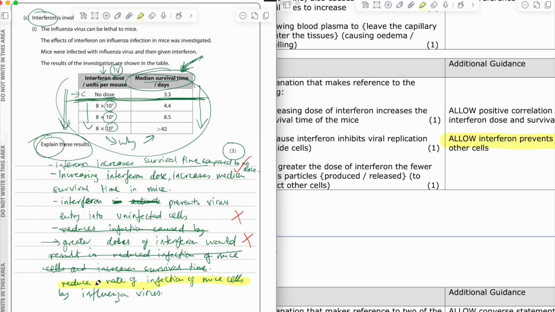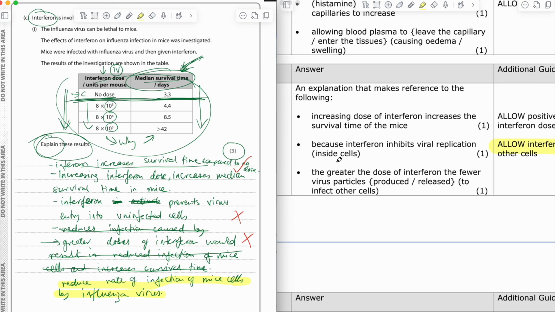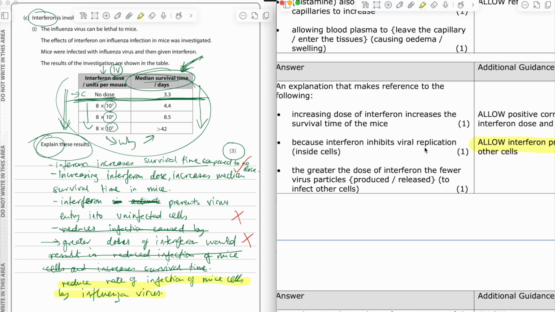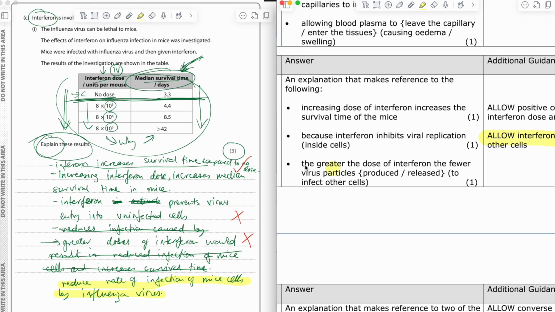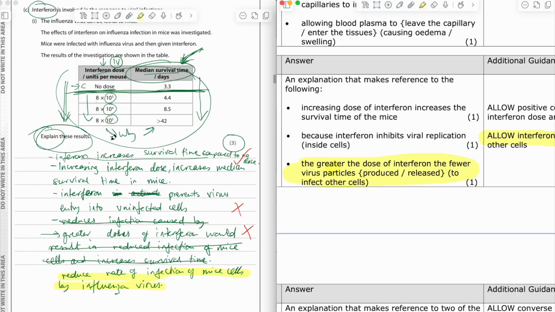By influenza virus. So maybe I got 2 out of 3 for this one. But I didn't say this part, which is disappointing. Well, maybe I get marking point 2. The greater the dose of interferon, the fewer virus particles produced. So yeah, I didn't really say that.